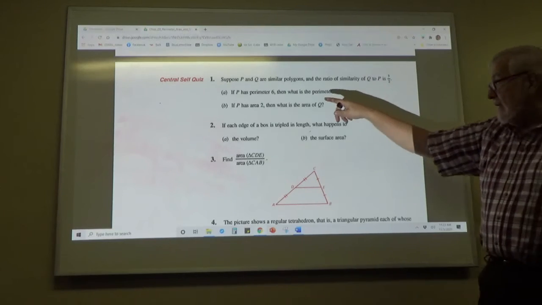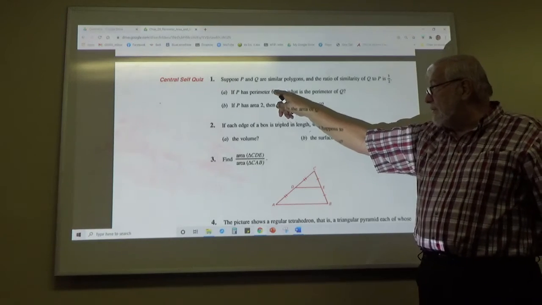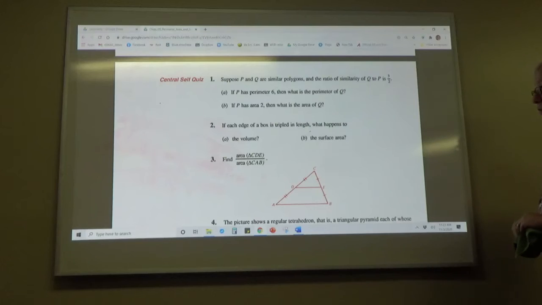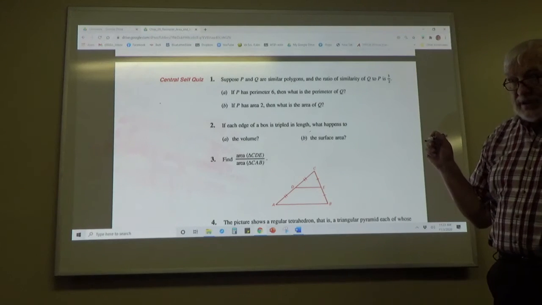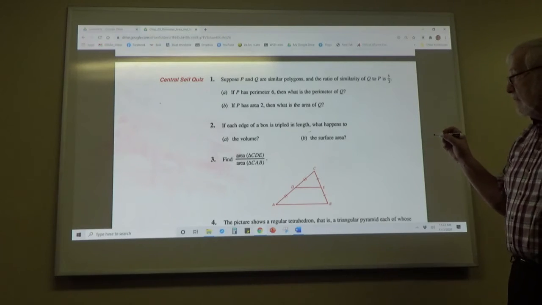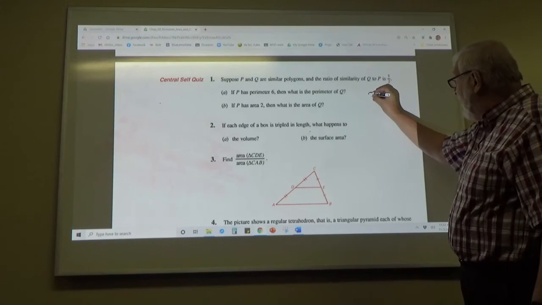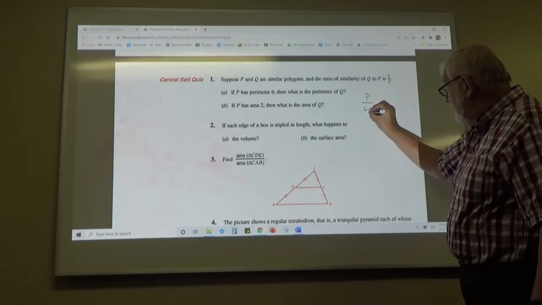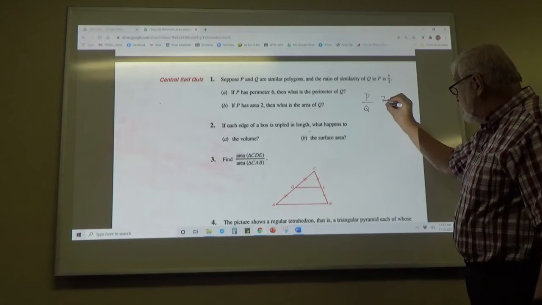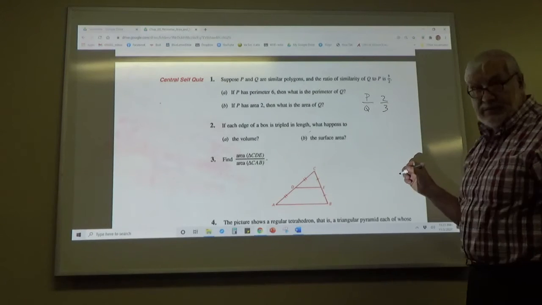Now, if P has a perimeter of 6, then what is the perimeter of Q? All right, now, the perimeters are in the same relationship. And so P to Q is 2 to 3.